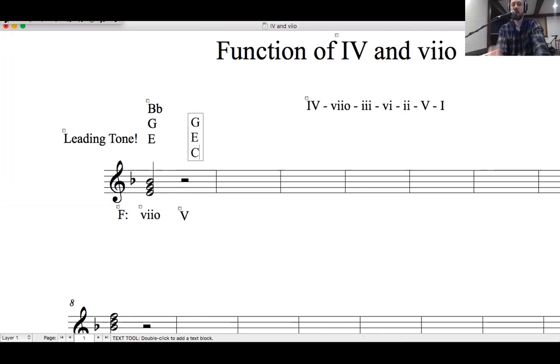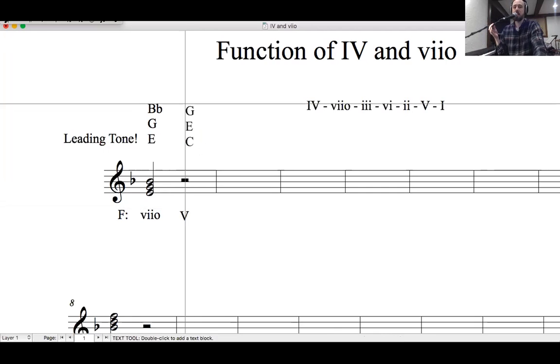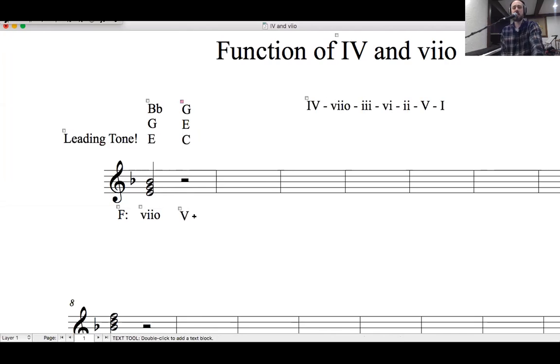I'm going to write it backwards so that I make sure C is on the bottom. So C, E, G. If I jot some notes down, I've got C as the root. We just mentioned that E is the leading tone, so that's going to be in there. But then you start to notice something else too. What else is common between 7 and 5? Well, G is common as well.